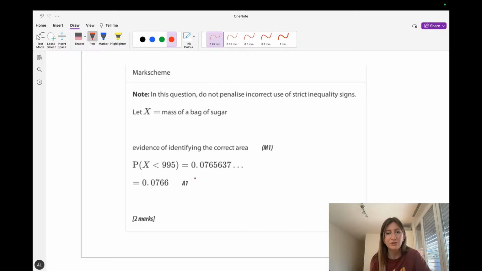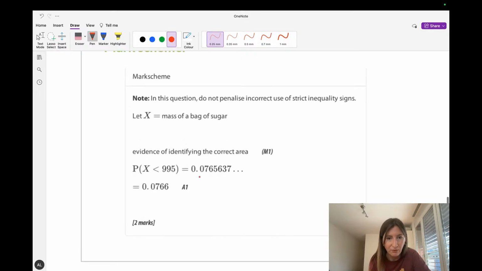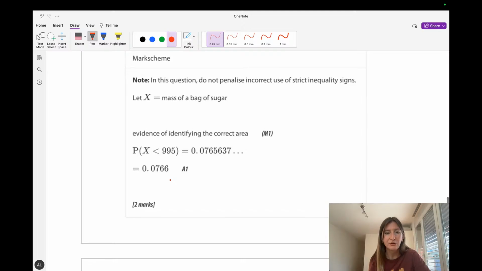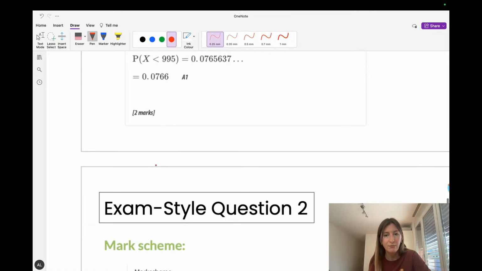That is usually when they've given method marks before for having something. So if your final answer is meant to be three significant figures, and it's not, then you don't get the mark. But if you have all of the working before, and then you round, and you don't round to three significant figures, that's fine.